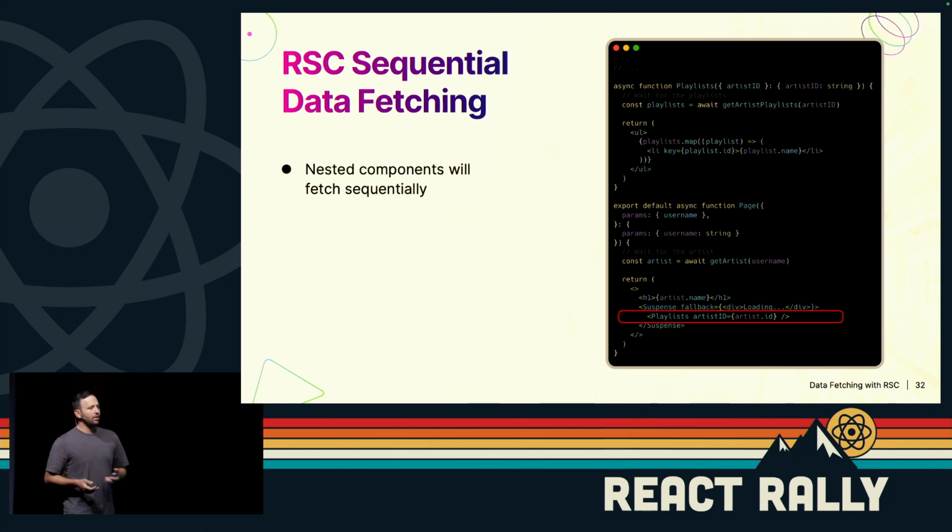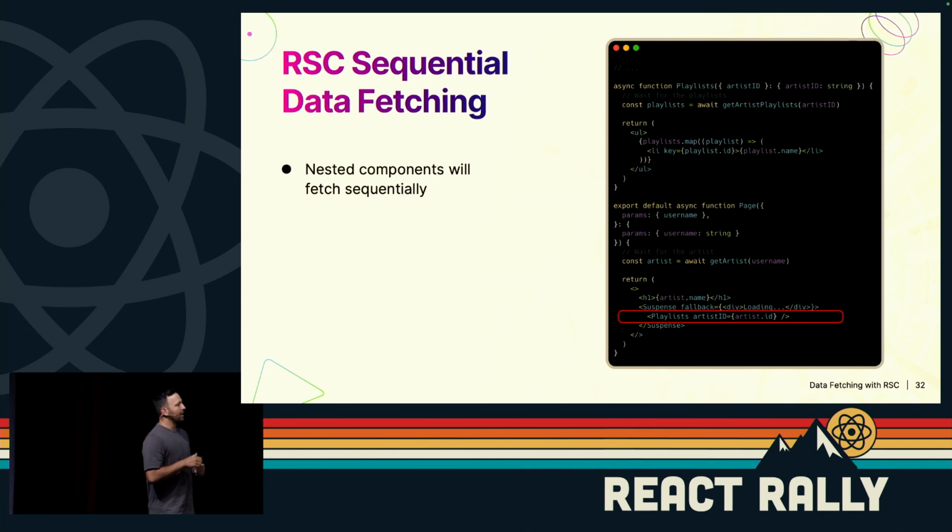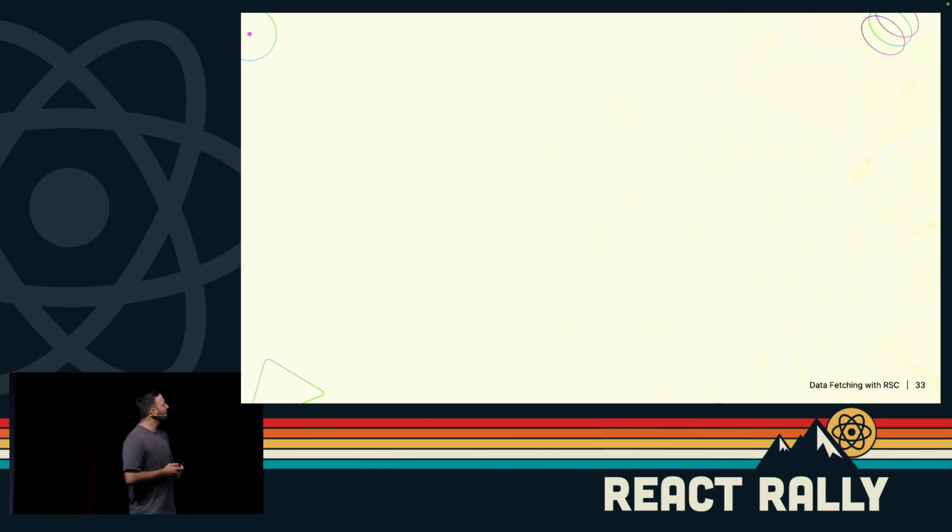Maybe you conditionally render playlists and only want to see it if someone clicks on something, or depending on the user's token, they only render certain data here or there. This more tightly couples data to the component that cares about it, versus doing one big fetch at the beginning of everything and having all that data, even if you might not need it.